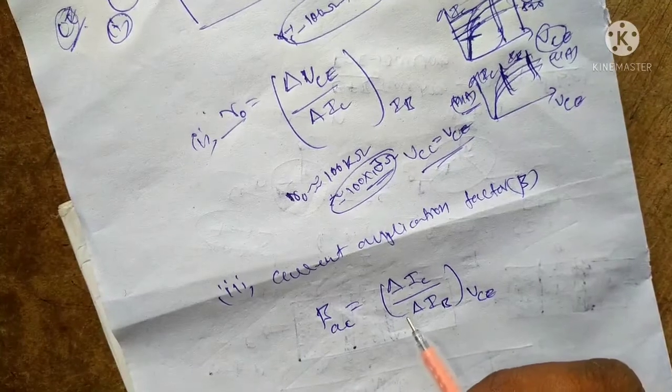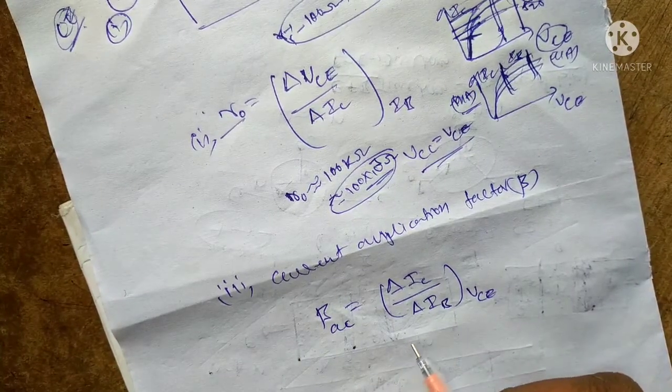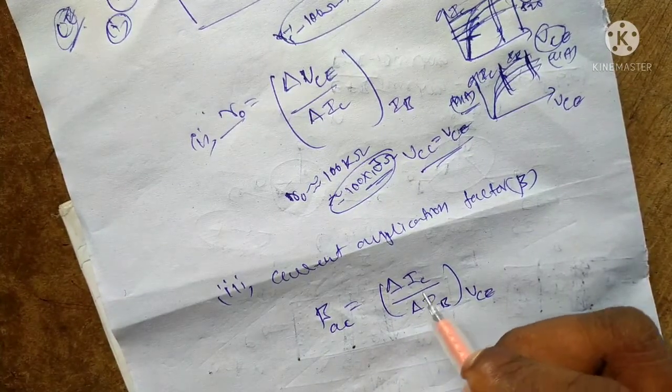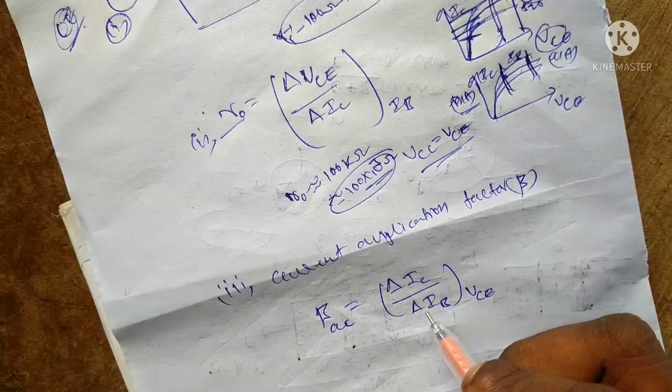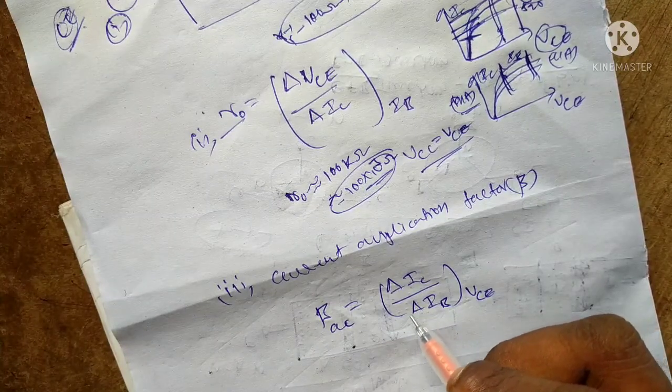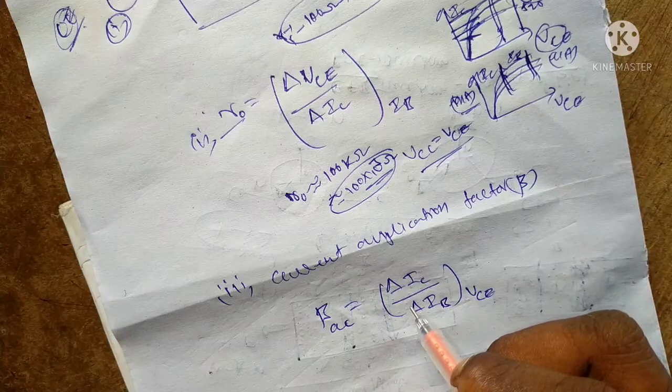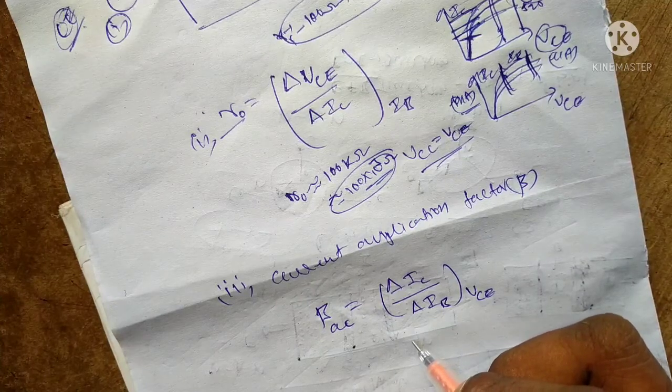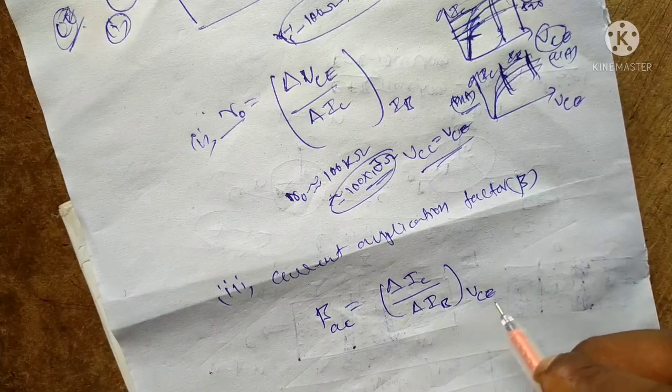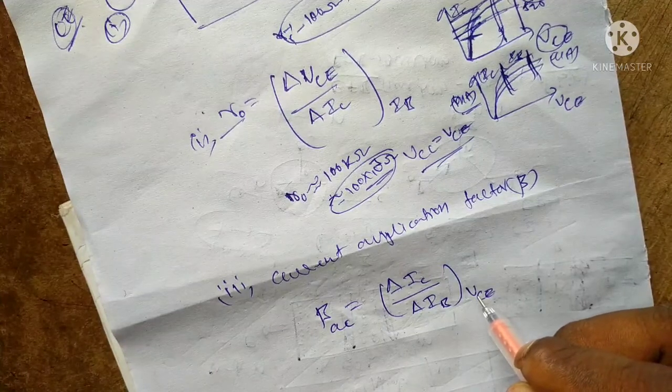That is, the current amplification factor is the ratio of the change in collector current to the change in base current, the AC amplification factor, at constant collector emitter voltage.